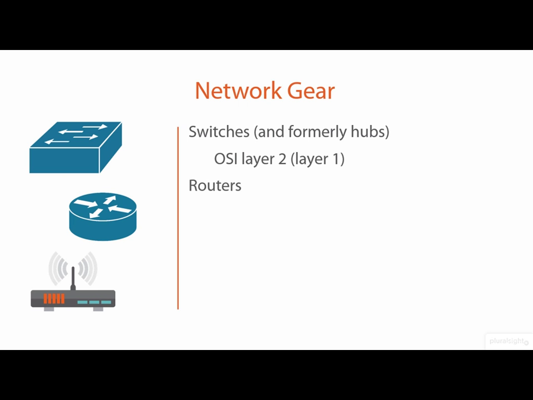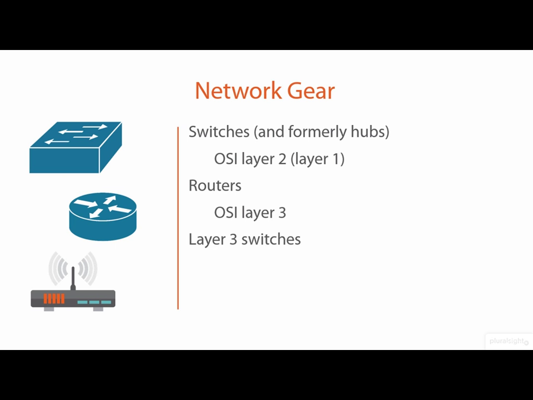Routers are a second big piece of gear we use in data networking. All right. Routers operate at layer 3 of the OSI model, and they're meant to move traffic from one area of a network into a different area of a network. Okay. We also have something called layer 3 switches.